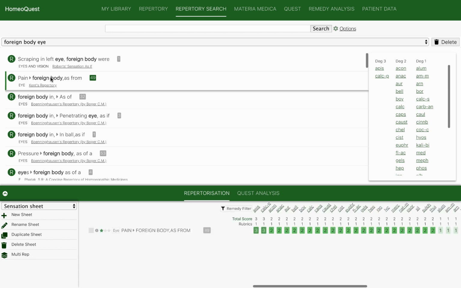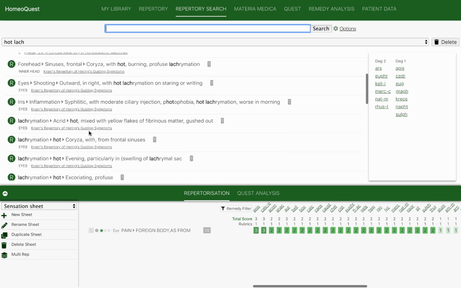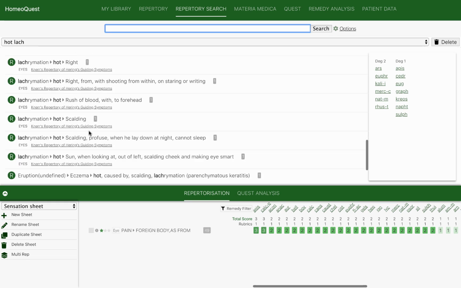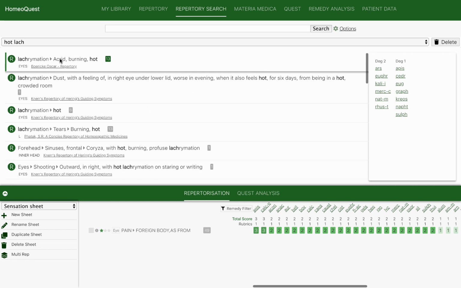Okay, the next one is hot lacrimation. Again, we have very tiny rubrics, 13. I need a big rubric, at least 40. If you're really keen, I could use this. Okay, so let's try 13. I could combine these together.